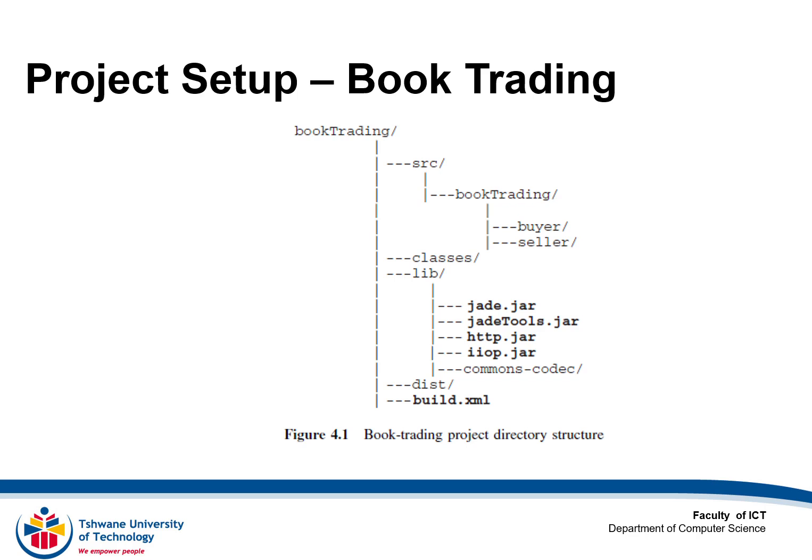And in the book trading example, you will have noticed the SRC folder, which has under book trading the buyer and the seller. You also have seen the classes folder, the library folder, which has got all those jade.jar, jade tools, etc., some of which you require when you set up Jade to be able to run on your IDE.